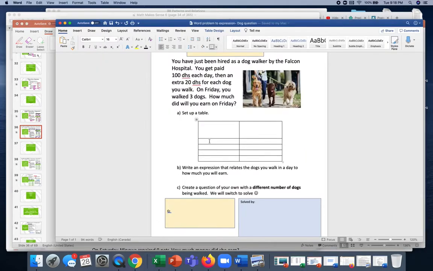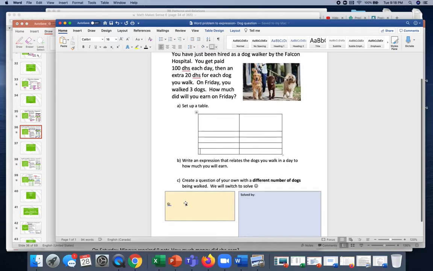So, okay, we put this into a table, then you have to write the expression that relates the dogs you walked in a day to how much you will earn. Okay, so what's the expression? Then, okay, partner, you have to create a question of your own with a different number of dogs being walked. Okay, so it could be, for example, how much will you earn if you walk 5 dogs?